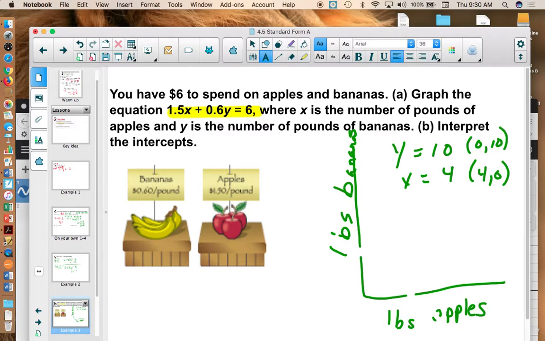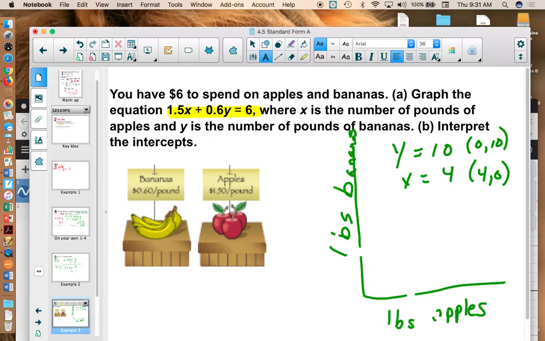Now, it says interpret the intercepts. What does it mean that the y-intercept is 10? Talk to me, Ty. I was gonna say that's where it crosses. Yeah, but interpret it.